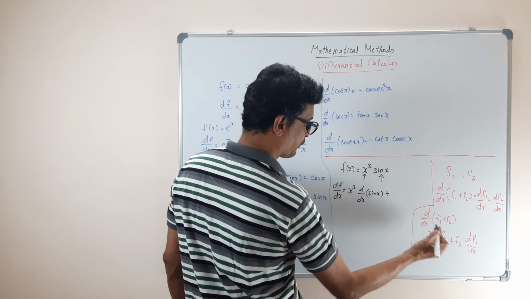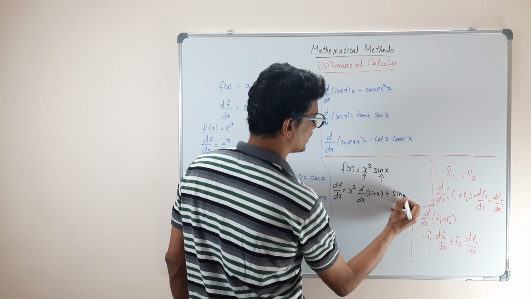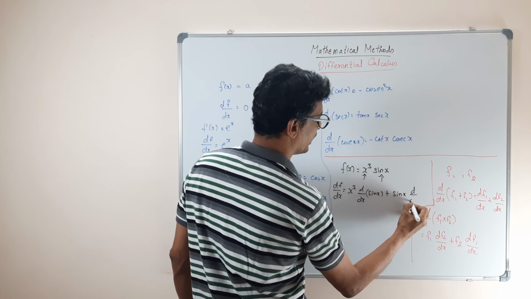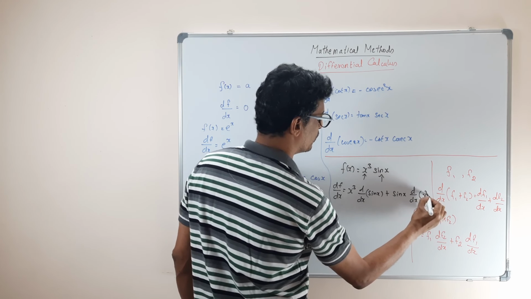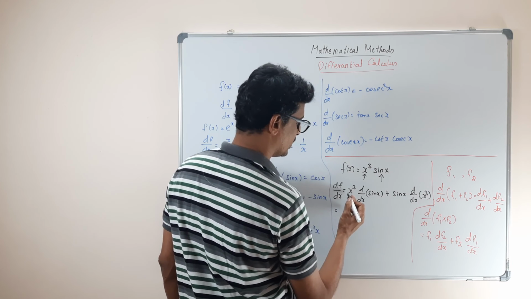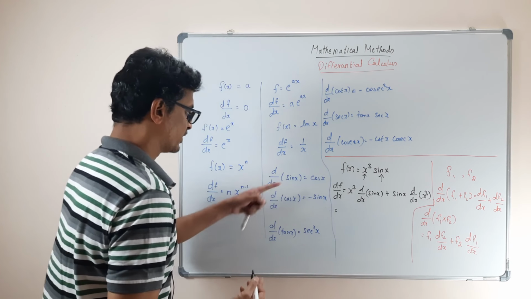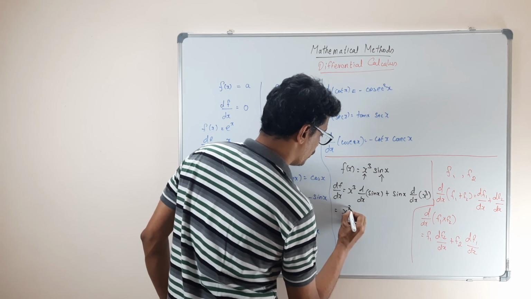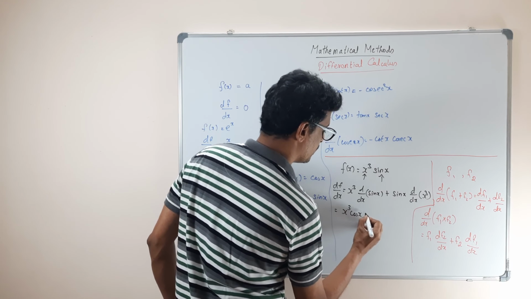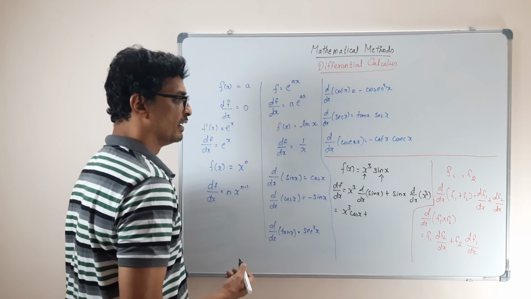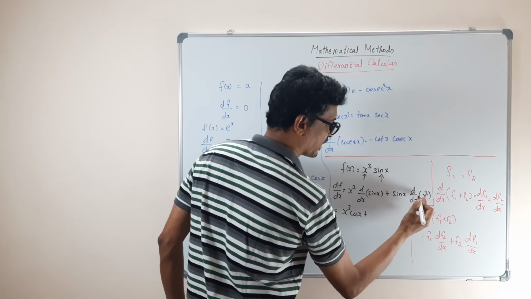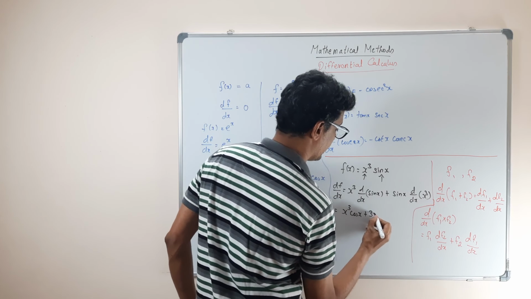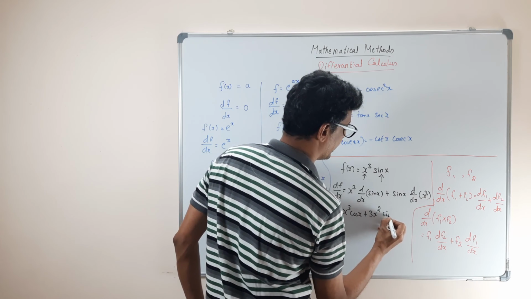Plus f2, sin x, into d by dx of x cube. Tell me what this is. d by dx of sin x is cos x. So x cube cos x plus, what will this be? 3x square. Correct. Very good. So 3x square sin x.